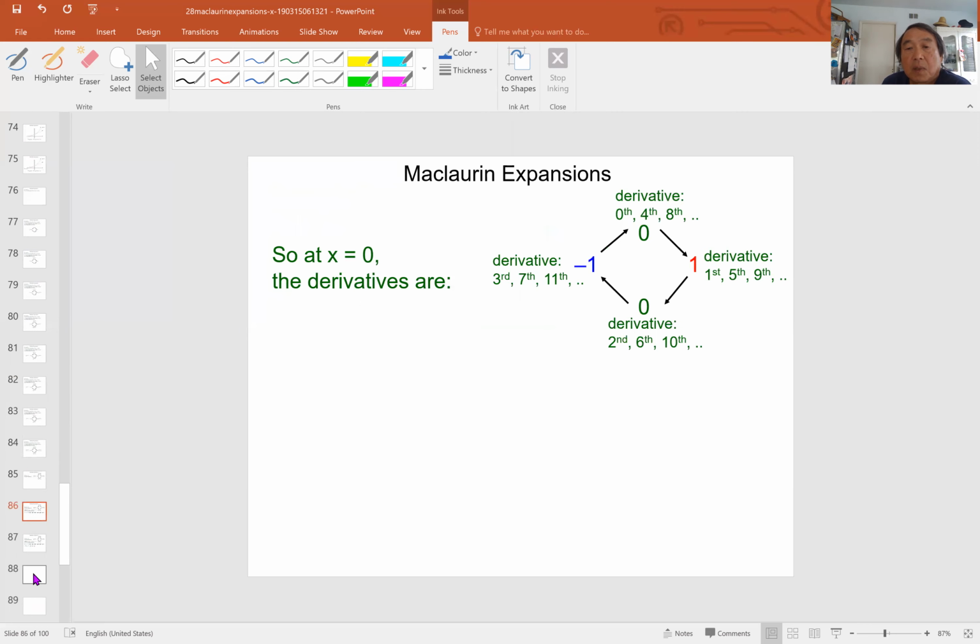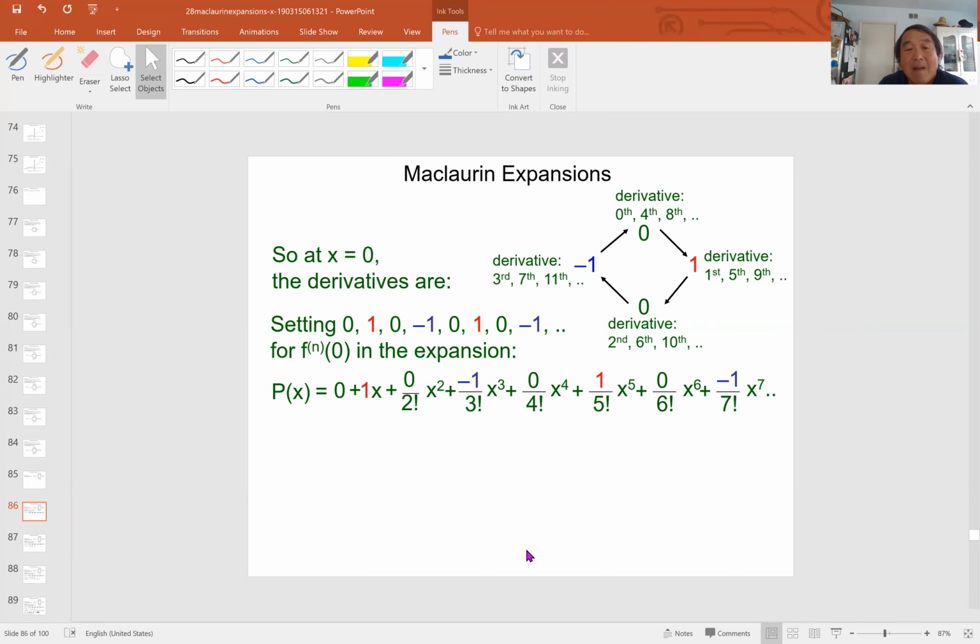What I find out is that I get 0, 1, 0, minus 1, 0, 1, minus 1. It goes in this cycle. All the even derivatives come out 0, and the odd derivatives become 1, minus 1. So if I put this information together, here's the Maclaurin series of sine of x.